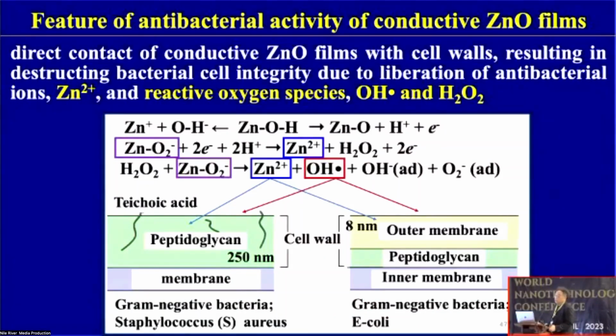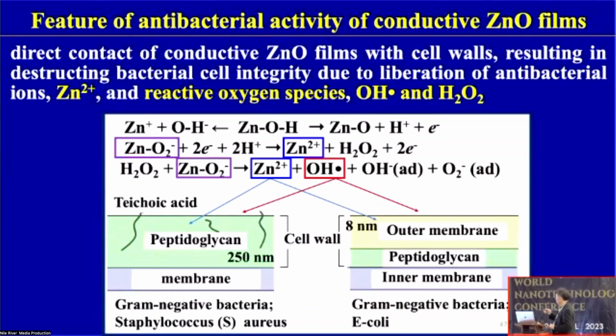And using ab initio electronic calculations, this is a model developed by a group. The feature of antibacterial activity of conductive zinc oxide films: anti-static, conductive, no observed hydrocarbon in the air.